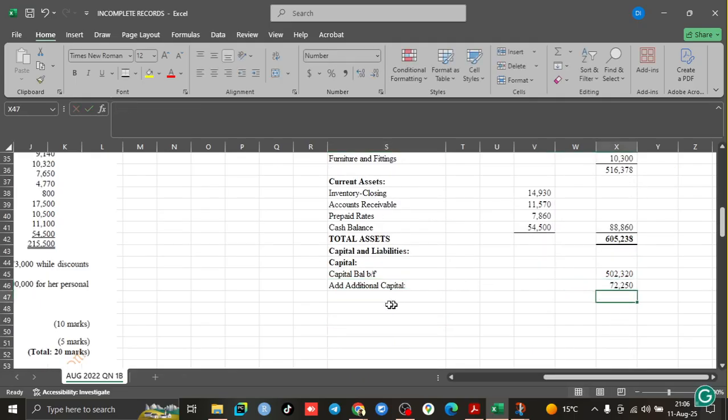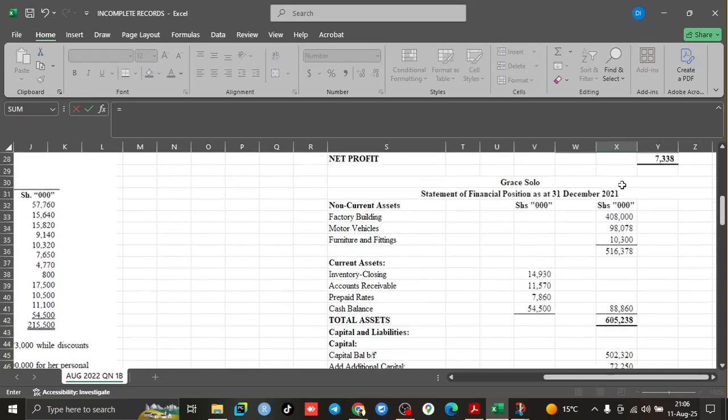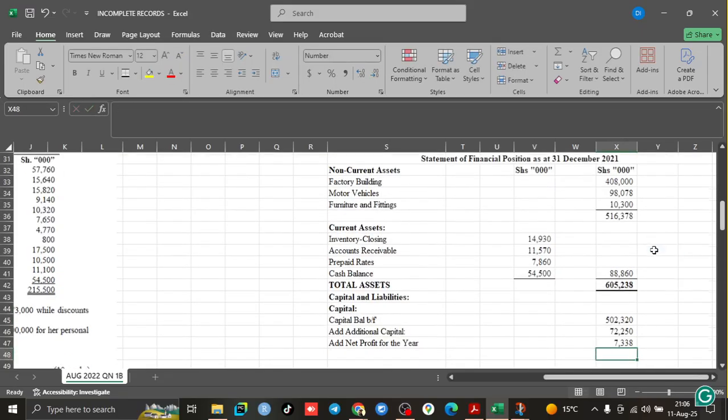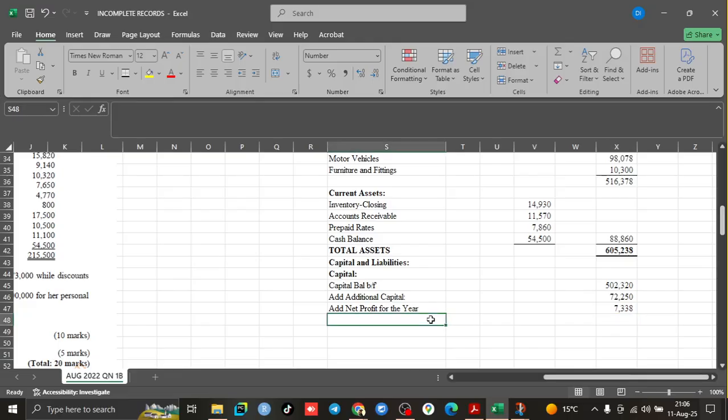Then if we have a profit for the year, we always include it. The net profit for the year is here, 73,38. Then less drawings. We include all the drawings, both cash and goods.